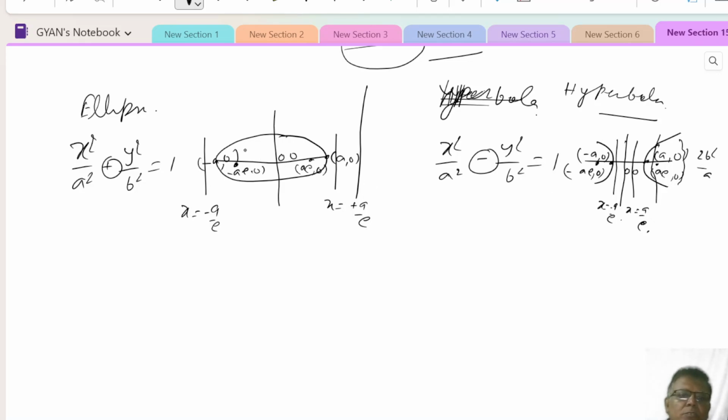Here also, this length is 2b square by a.